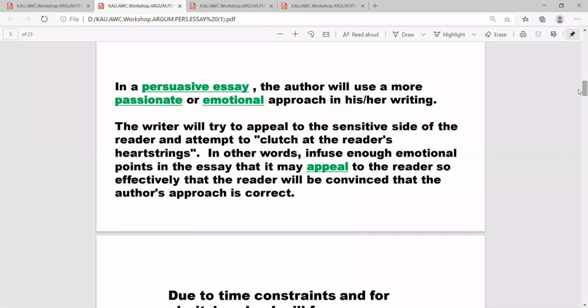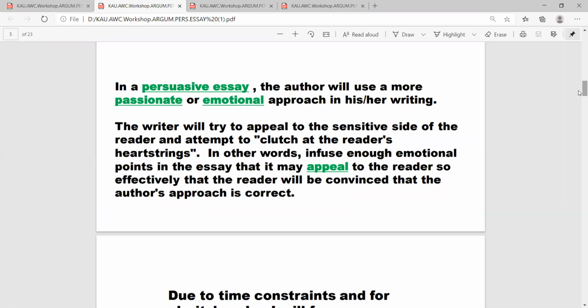So I think in that case, it's quite clear that a persuasive essay will be something usually not based on facts, not based on evidence, but based on, for example, how someone feels about someone or something, okay?